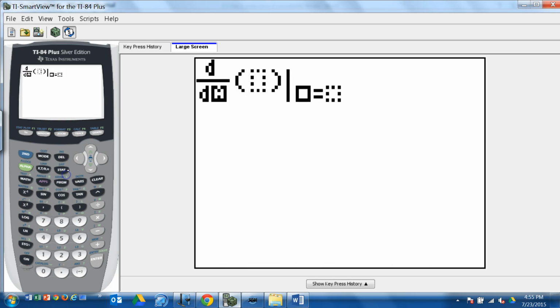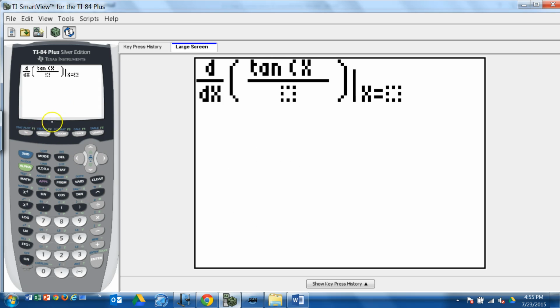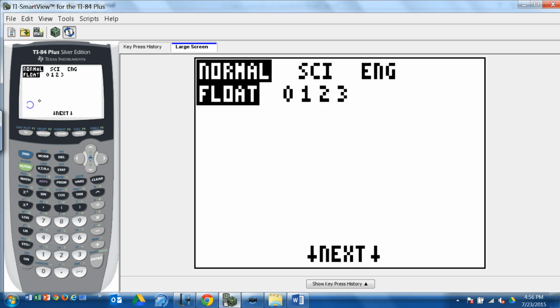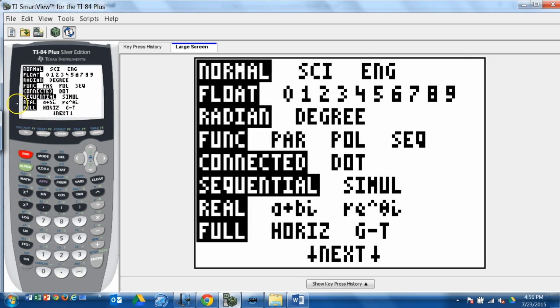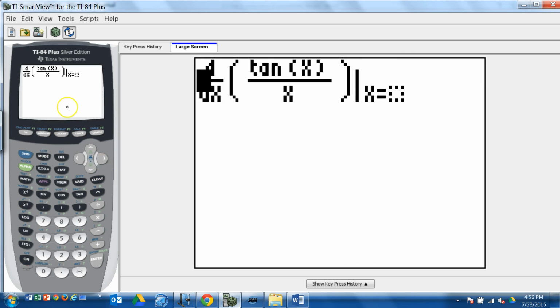And if you have this format, it'll just show up like this. So we want to know the derivative with respect to x of tan x over x. Let me also make sure my mode is in radians, which it is. Good. And then I want to evaluate that when x is equal to 2.